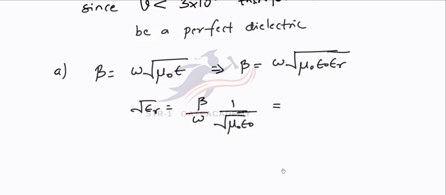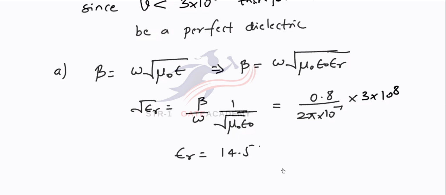So if you solve this, beta is 0.8 divided by 2 pi into 10 to the power 7 into 3 into 10 to the power 8. If you solve this, you will get ultimately epsilon r is equal to 14.59. This is the value of epsilon r.